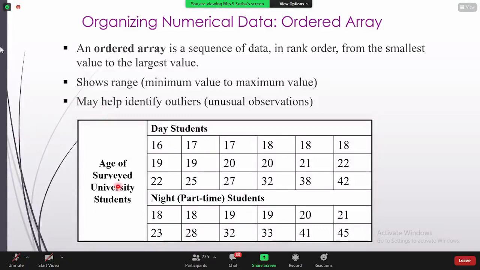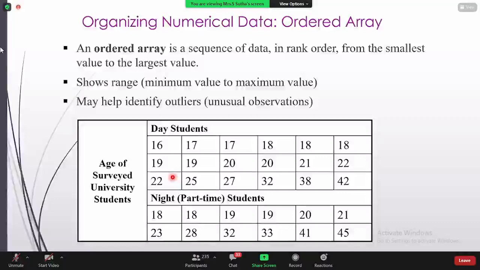So for example, now you look at this data and identify the variable of this data. What is the variable of this data? What is the variable for this given distribution?